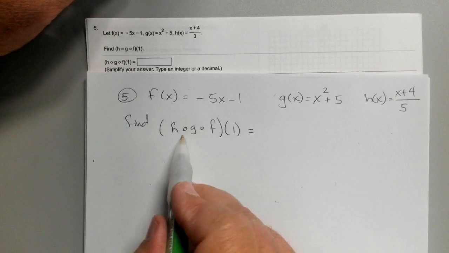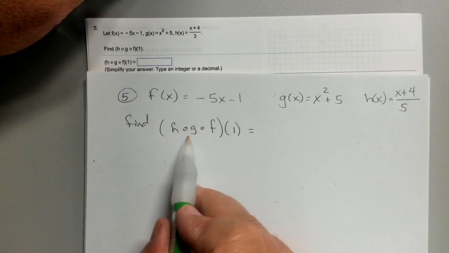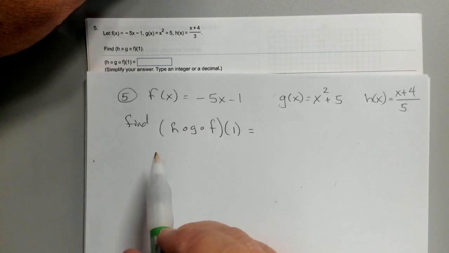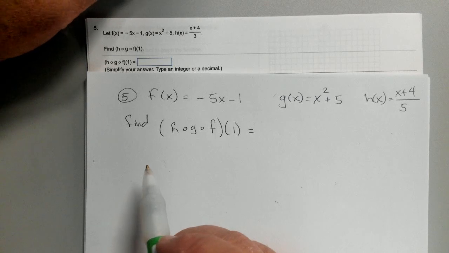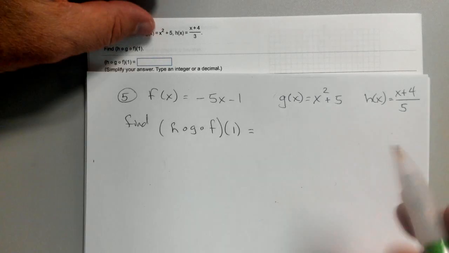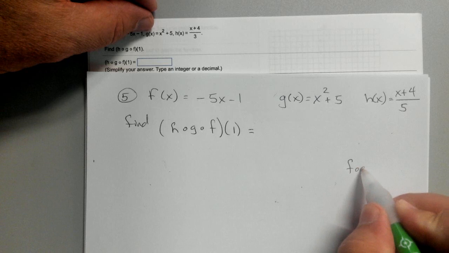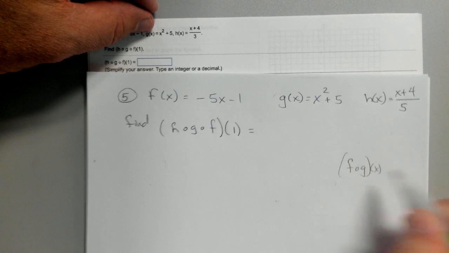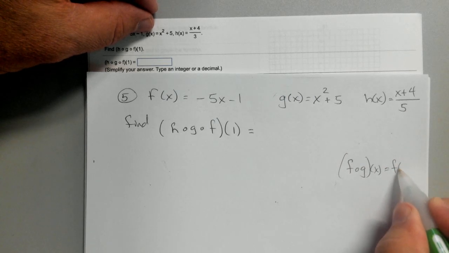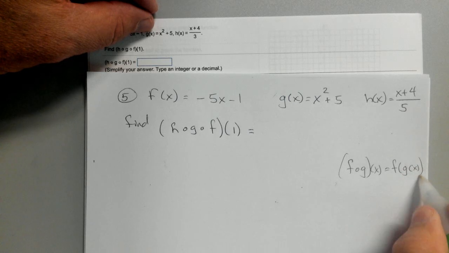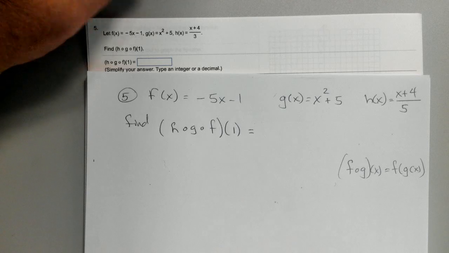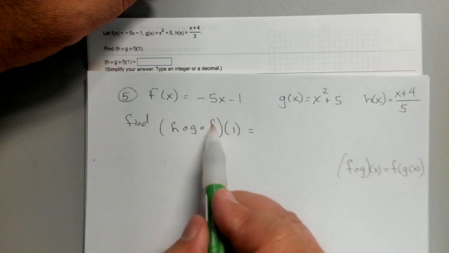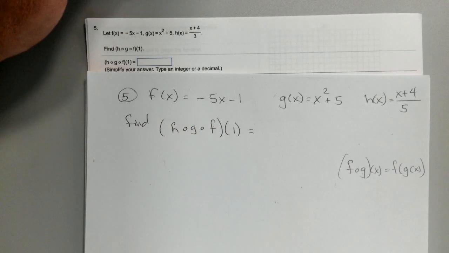What does this mean? Right. It's a composite function. So f of g means f of g of x. So it goes from right to left. The function of g goes inside f. So f goes in g, g goes in h.